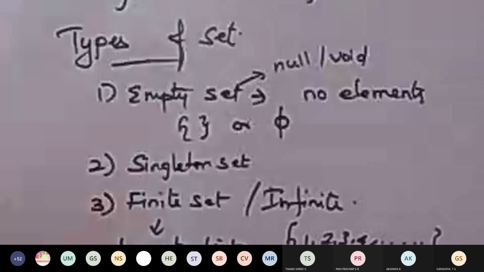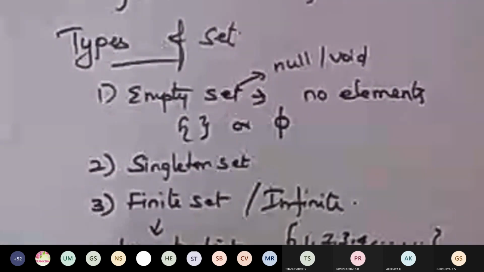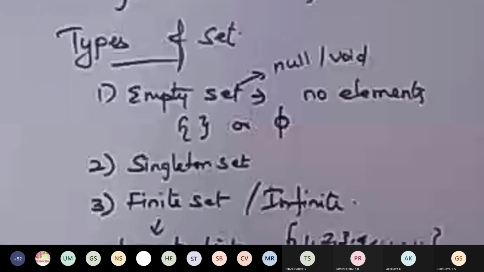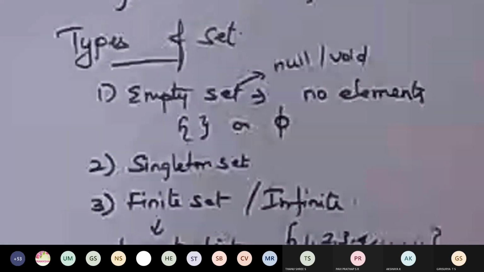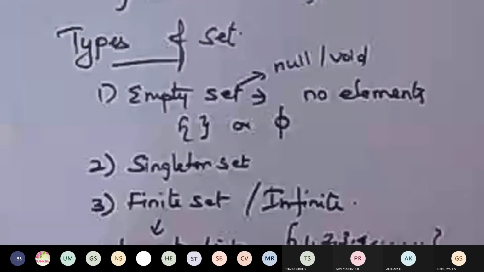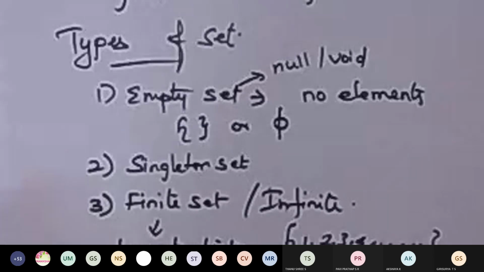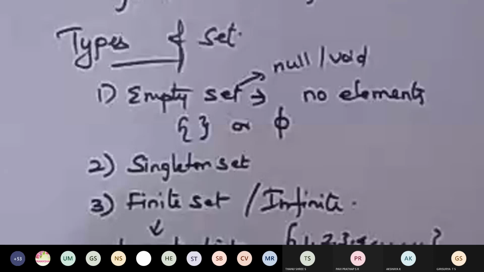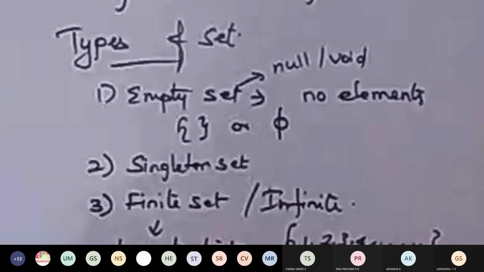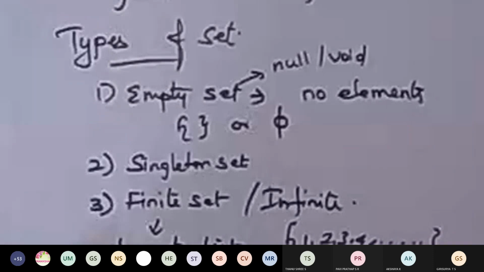What is meant by equal sets? Equal, equivalent. Consider two sets A and B. Two sets A and B are said to be equal when all the elements of A are elements of B and all the elements of B are elements of A. This is called equal sets.